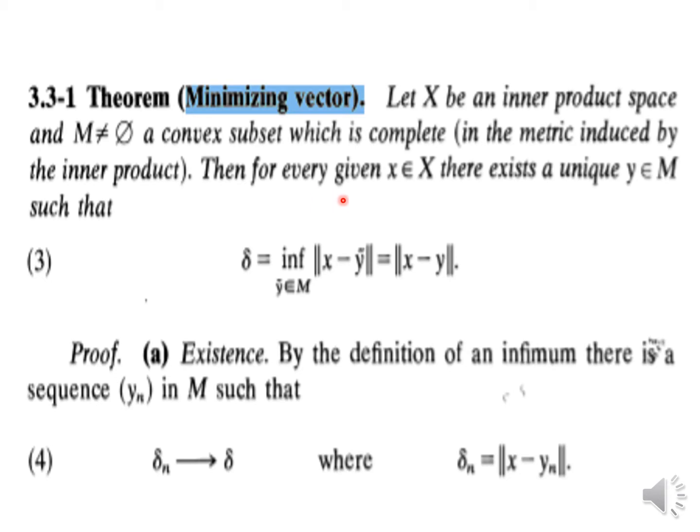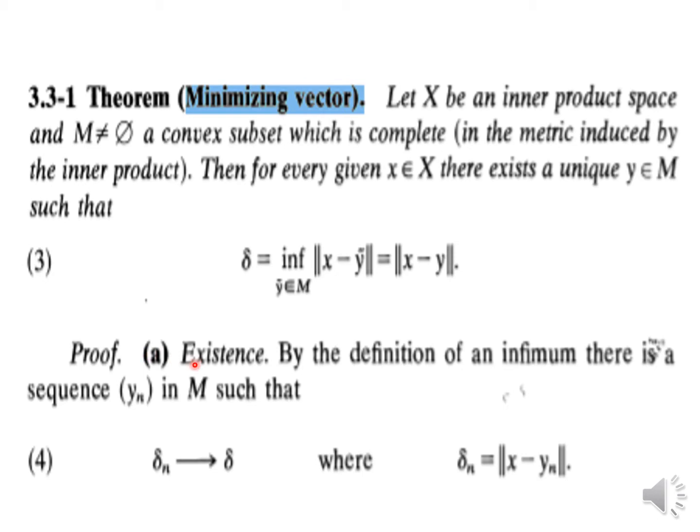Then for every given x belonging to X, x not belonging to M, there exists a unique y belonging to M such that delta, the infimum of the norm of x minus y prime, y prime belonging to M, is equal to the norm of x minus y. Equation 3. Proof. First, the existence part of the theorem.